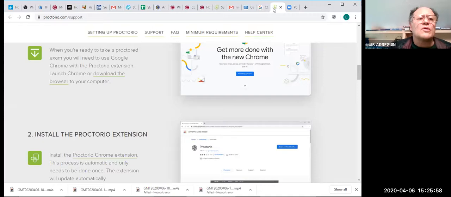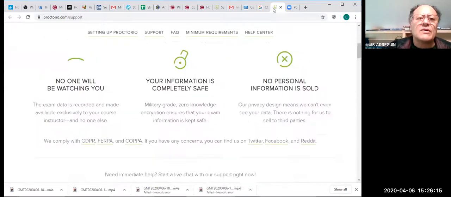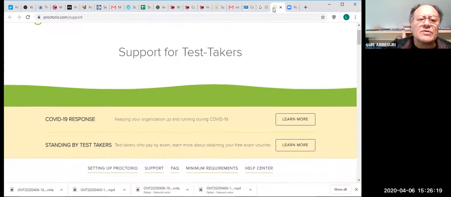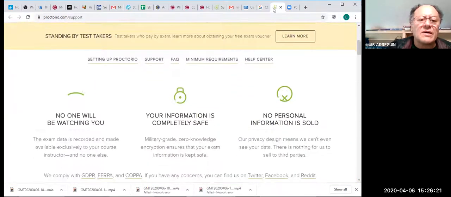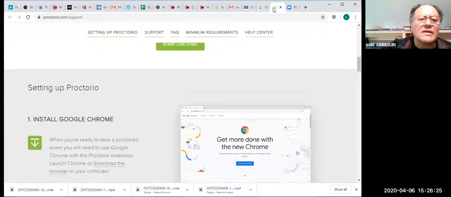So you're going to go to proctorio.com/support, and then you're going to find the information that you need to take the exam. So this is the web page, and you just scroll down, and you're going to see everything that you need to know about taking the exam online.